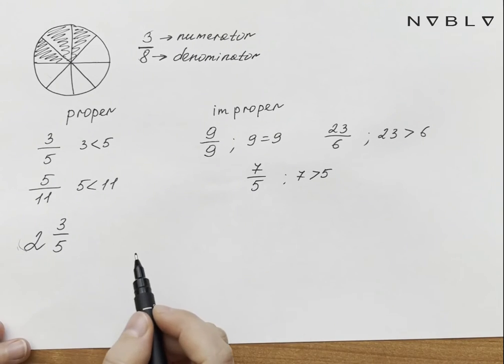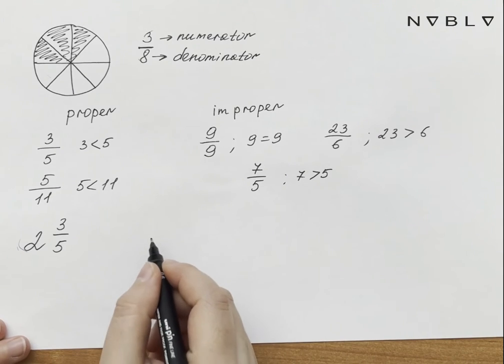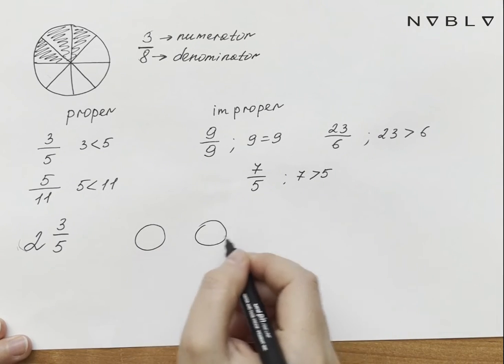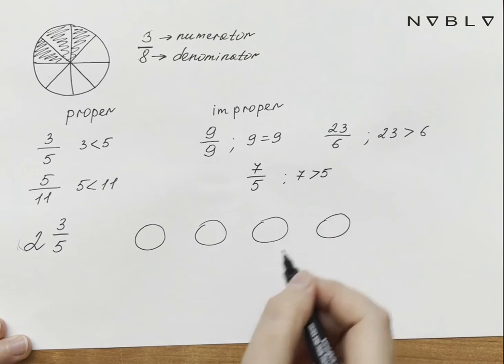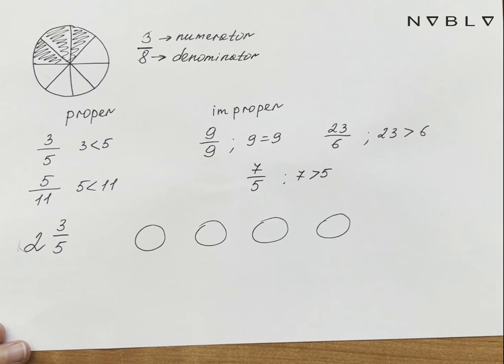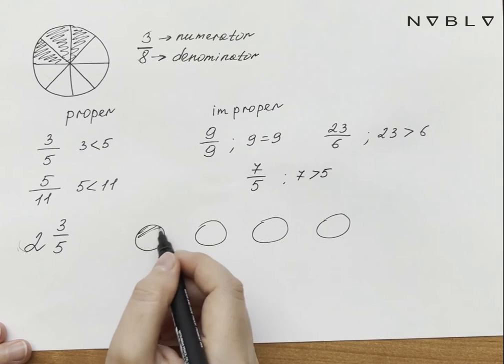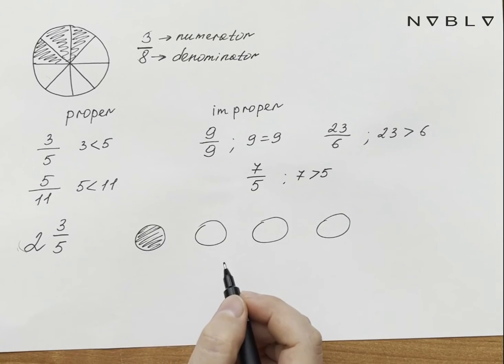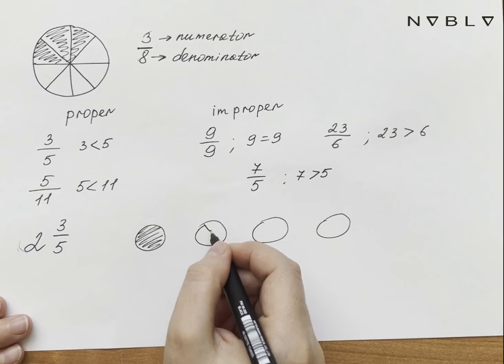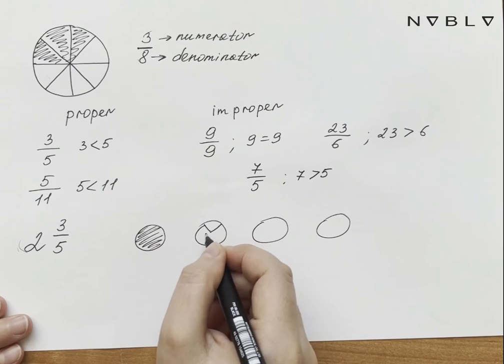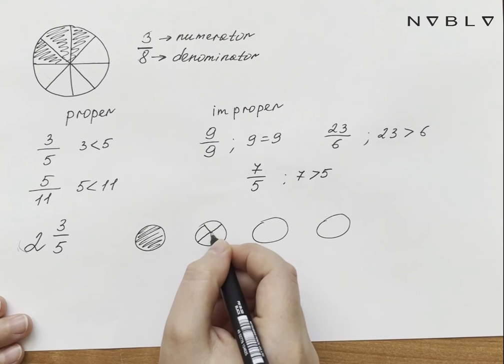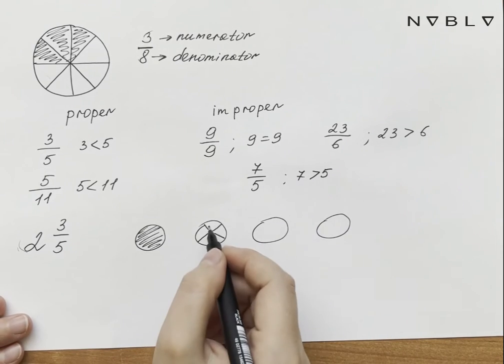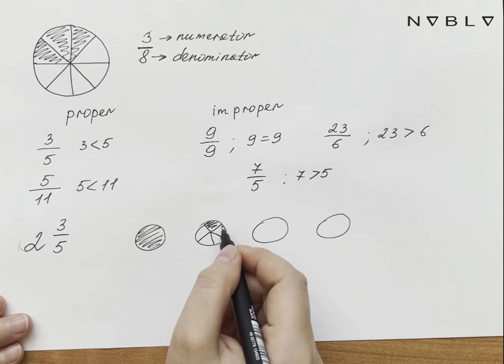For example, we had 4 pizzas. 1, 2, 3, and 4. And we ate 1 pizza whole and 2 slices out of 5 in the second pizza. 1, 2, 3, 4, 5. 2 slices, 1 and 2.